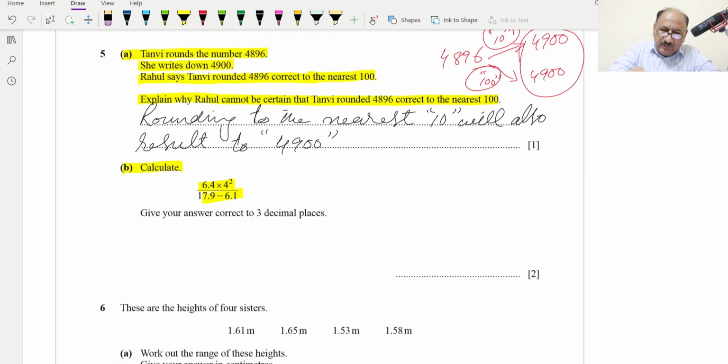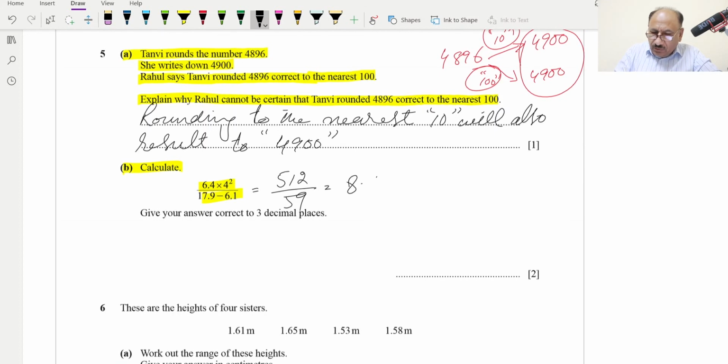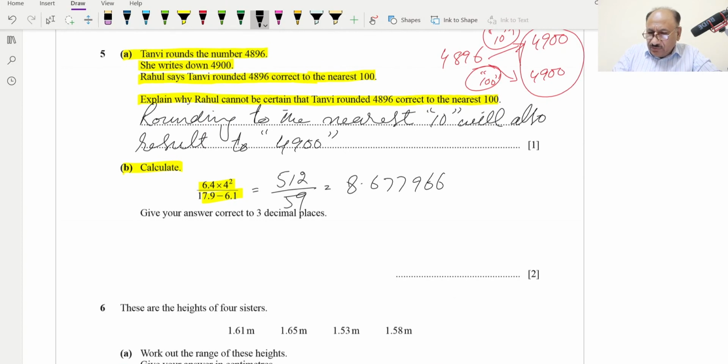So we can write this is equal to 512 over 59, and the decimal value will be 8.677966102. This is basically the calculator number, and they are saying correct to 3 decimal places.